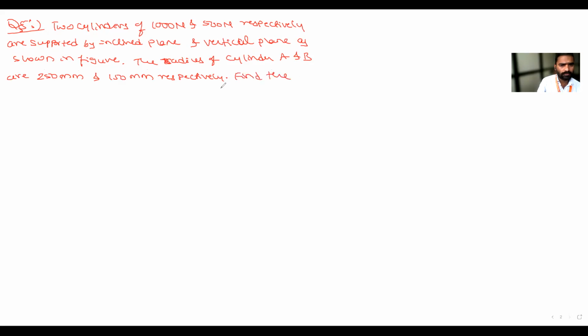at the points of contact. Assume all the supports to be smooth.